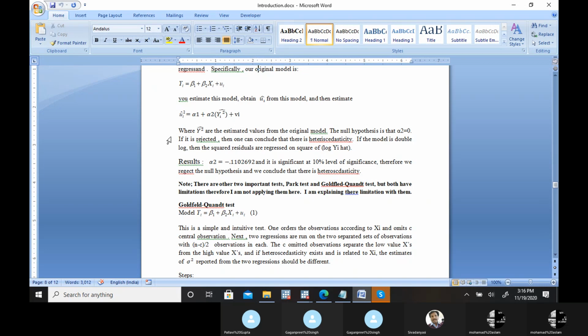The second thing is that this y hat includes all the x variables. It might be that a particular x is not statistically significant with the y variable, yet in y hat we include it as well.